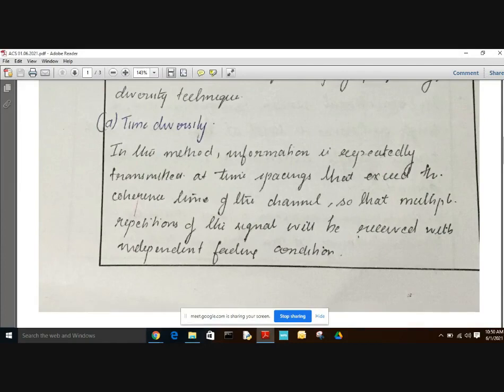One signal will experience a particular fading condition, and in another time slot we send another signal, which will experience another independent fading condition.